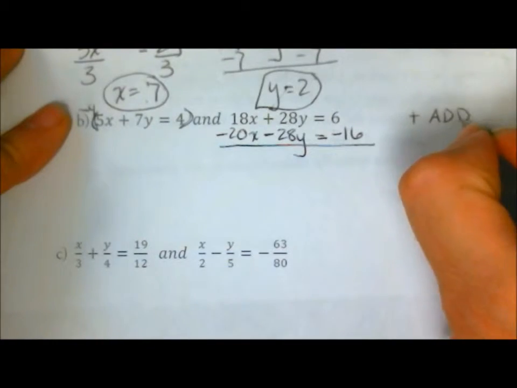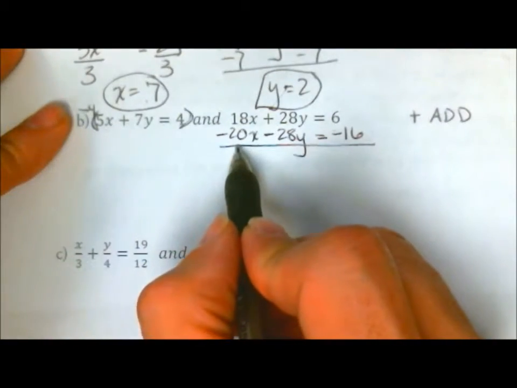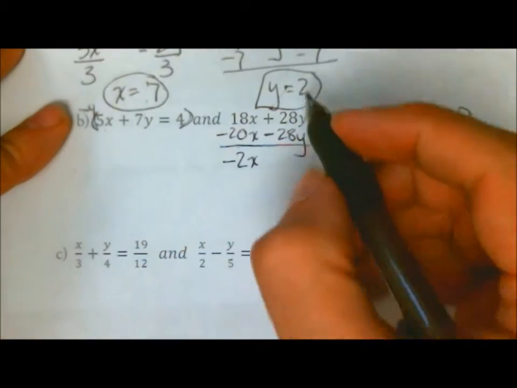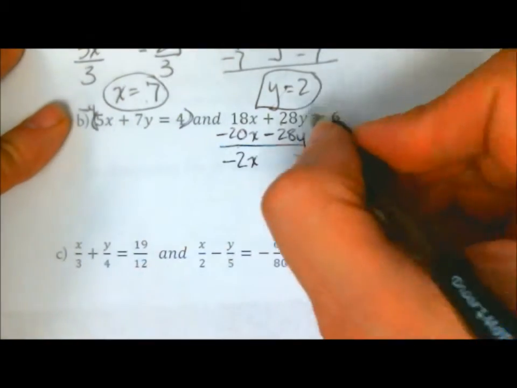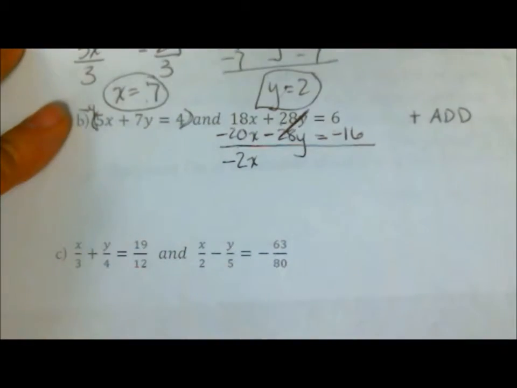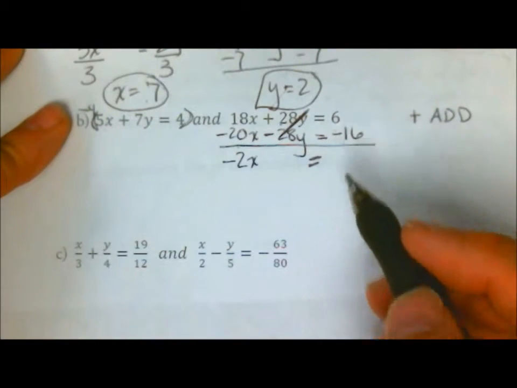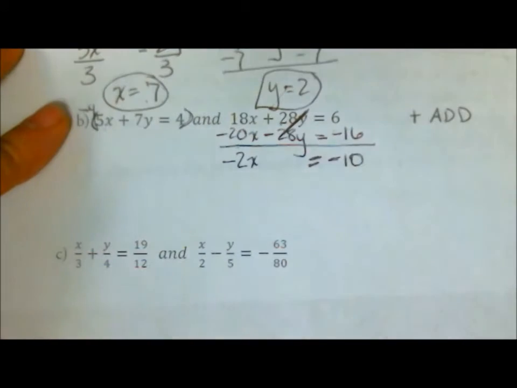Add the equations. Okay? 18 plus a negative 20 is a negative 2x. That positive 28y and negative 28y simply makes these go away. Yay, that's a 0. And that equals 6 plus a negative 16, which is a negative 10.